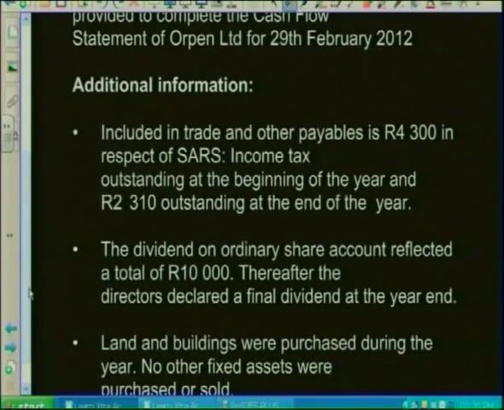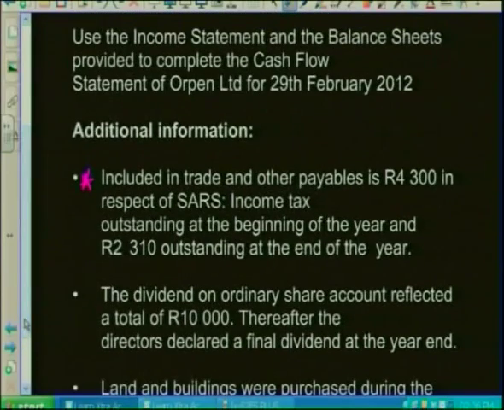Included in trade and other payables is 4,300 Rand in respect of SARS income tax, outstanding at the beginning of the year, and 2,310 Rand outstanding at the end of the year. Now, this bit of information is important, so immediately I'm going to make a little note in my balance sheet.